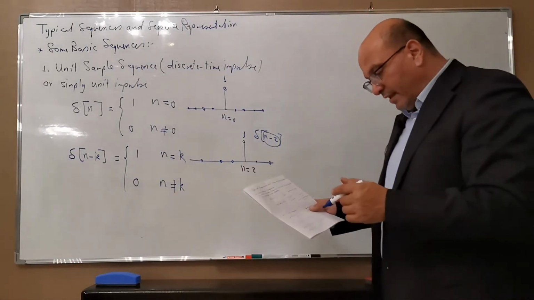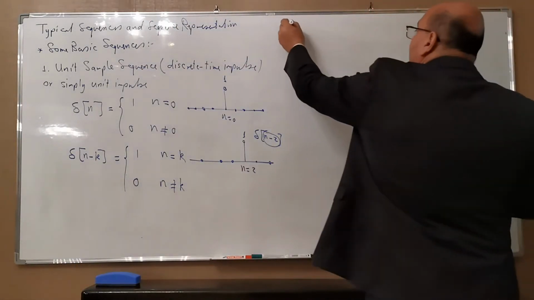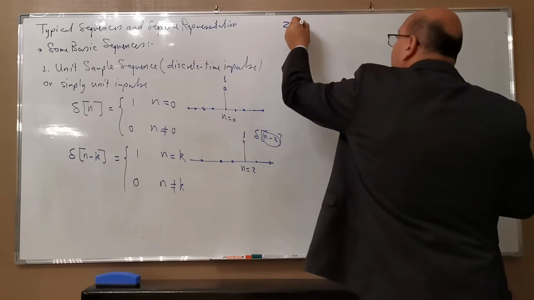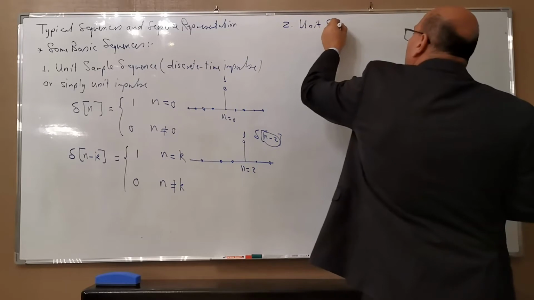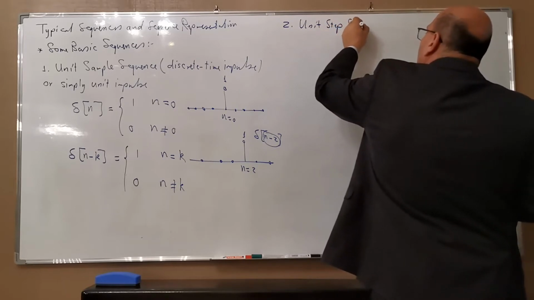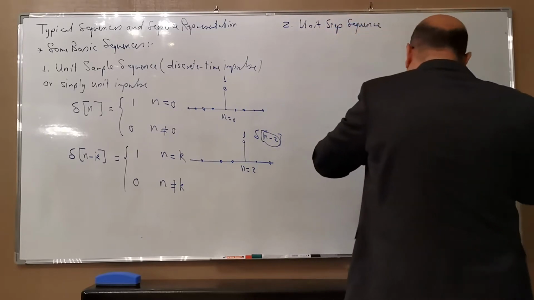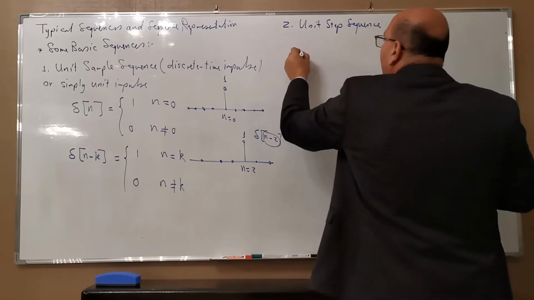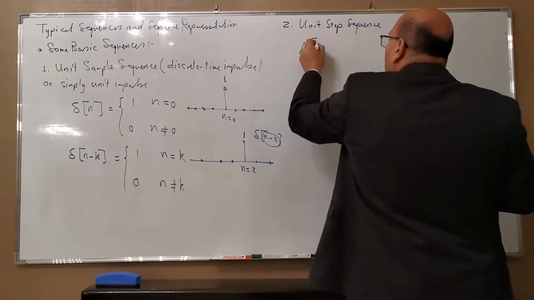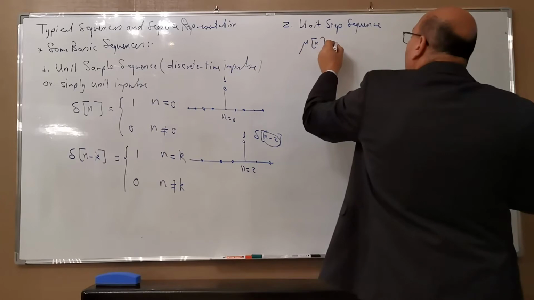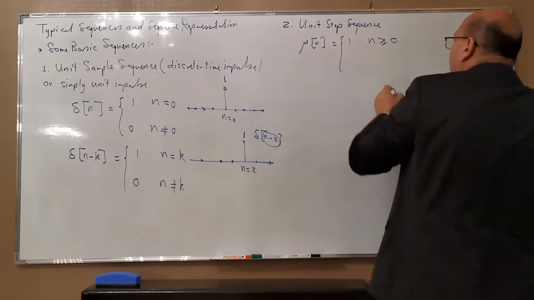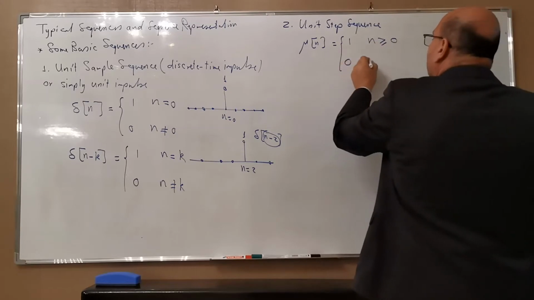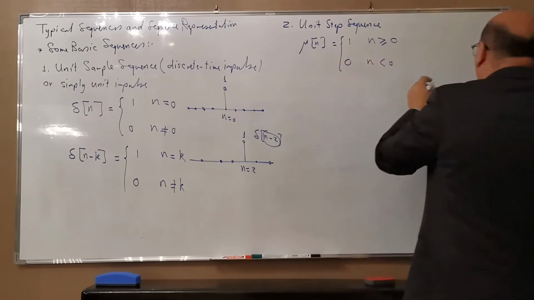Let's move a little bit further and define the unit step sequence. Again, we will use the symbol mu instead of u. Mu of n is equal to 1 for n greater than or equal to 0, and 0 for n less than 0.